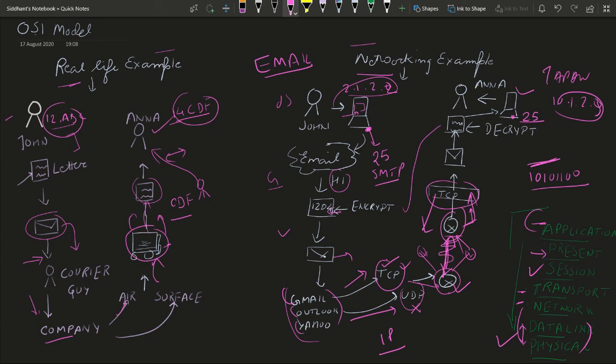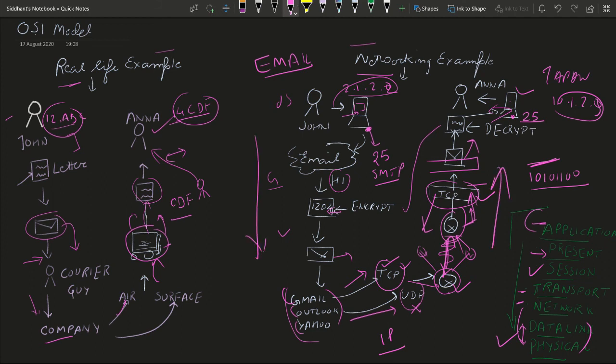As soon as the acknowledgement has been sent and received by the sender, the work of the transport layer is over. Now the session will close here and the message will be decrypted in the application on Anna's computer and Anna will see the message. So this is the encapsulation and decapsulation of data.